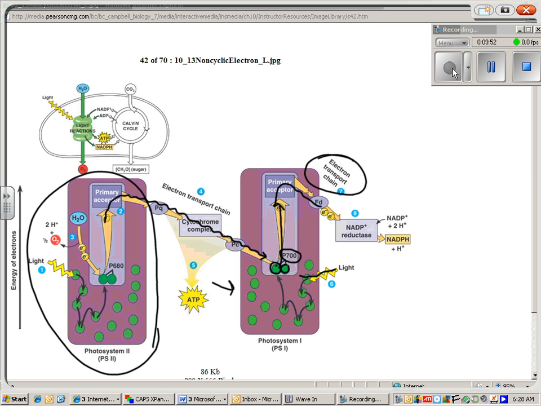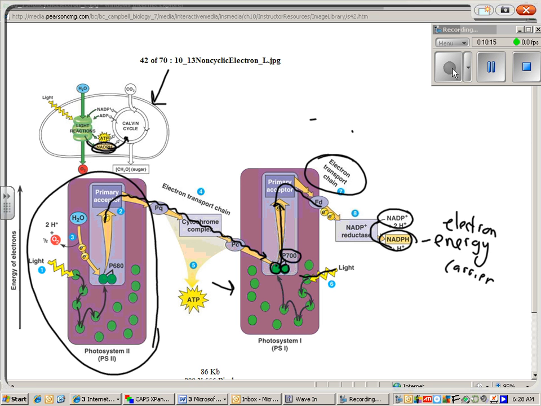Those electrons go down another electron transport chain, and they end up reducing NADP to NADPH, and so now this is an energy or electron carrier. Where is it going to carry them to? Well, as I showed you before, it's going to carry that energy to something called the Kelvin cycle.